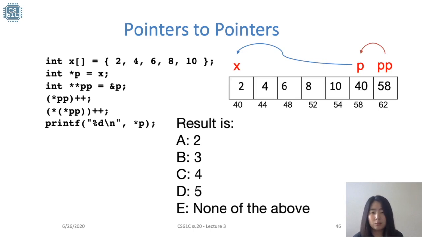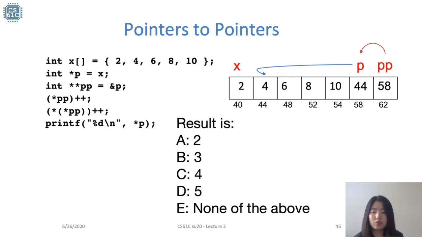Then we have dereference pp++. So pp points to p, and dereference pp++ means we're modifying the value that p contains. That will become 44 because integer is 4 bytes, and we're moving p to the next element. So now p points to 4.